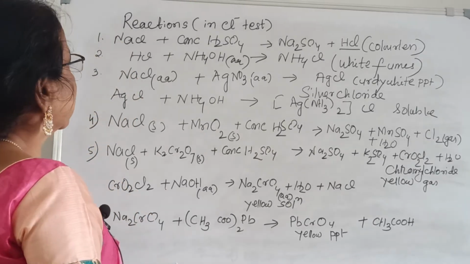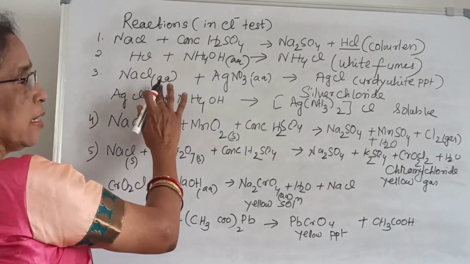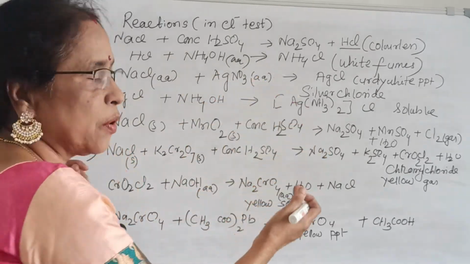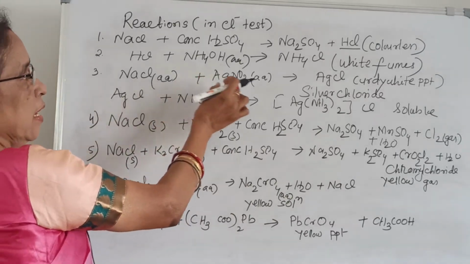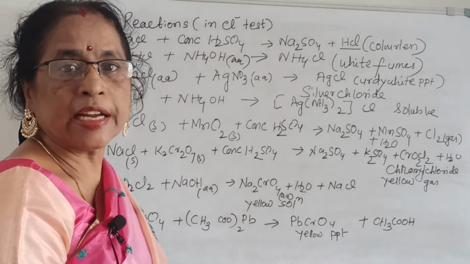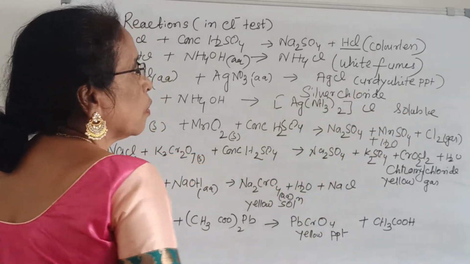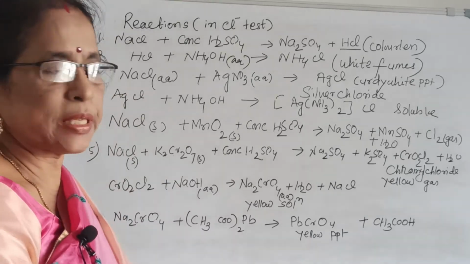Now the second test, in our wet test. Let the salt be sodium chloride, and I have taken that solution and added silver nitrate solution in the presence of nitric acid because it will give a good product. So silver chloride is formed, a cloudy white precipitate.